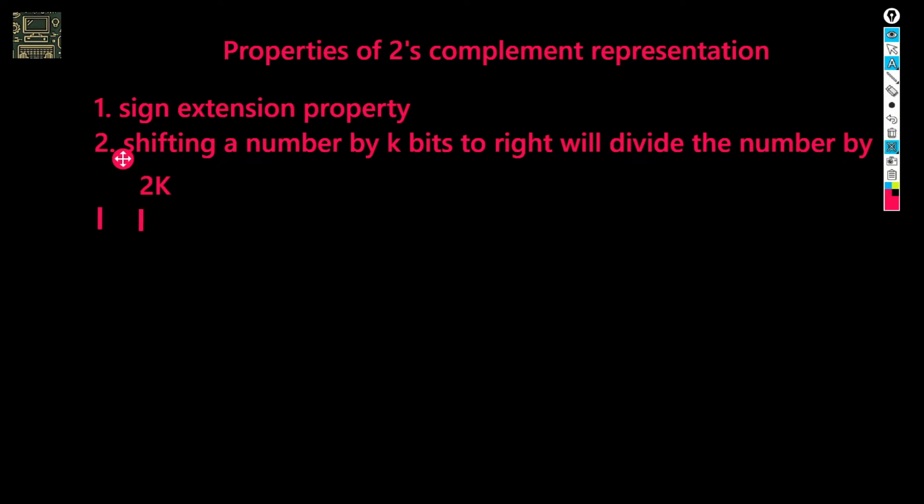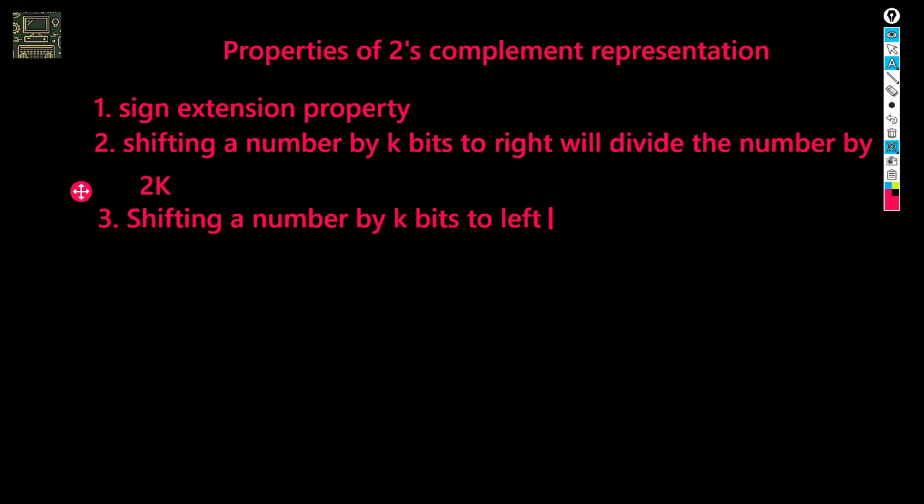Similarly, shifting a number by k bits to the left will multiply the number by 2 to the power k.